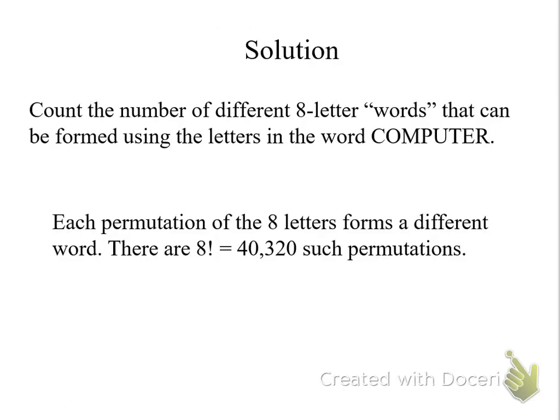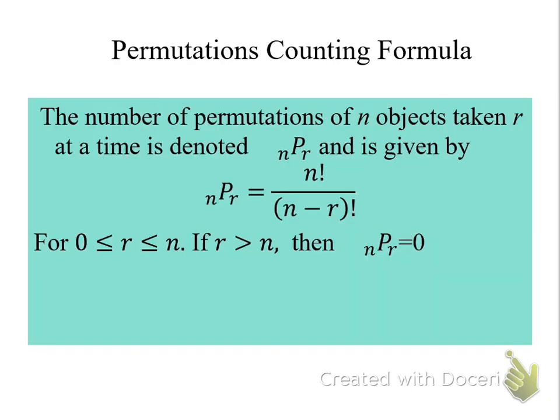So let's go ahead and do another example right quick. We're going to talk about permutations when we don't use all of them. So when we don't use all of them, we have this formula.